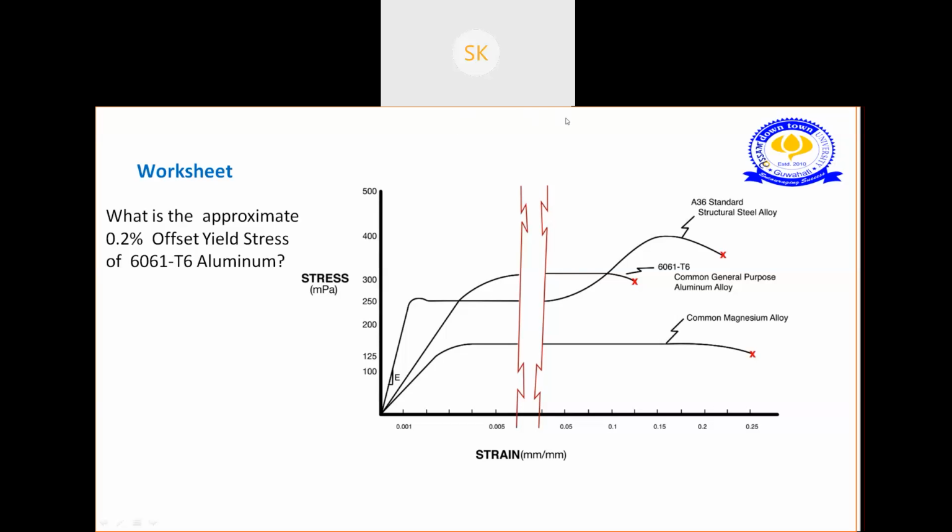Write down the question. No need to draw the steel and magnesium. Just draw the aluminium curve, or you can take a screenshot. For this question you have to find the approximate 0.2% yield stress of the aluminium curve.